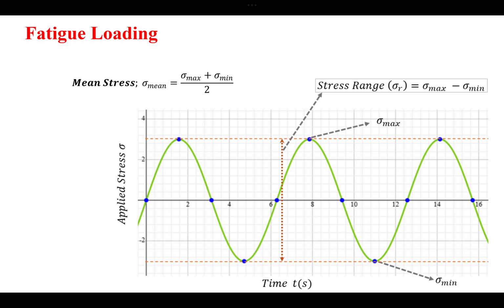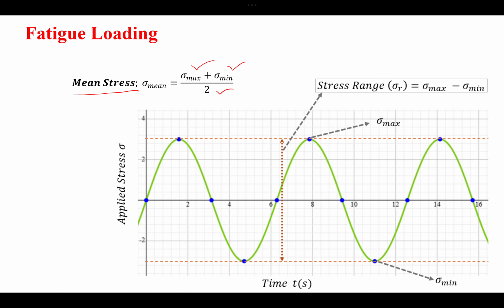Finally, we have a very important terminology that we'll be using moving forward, which is the mean stress, given by sigma max plus sigma min divided by 2. So maximum stress plus minimum stress divided by 2. It shows the mean or average of this signal.